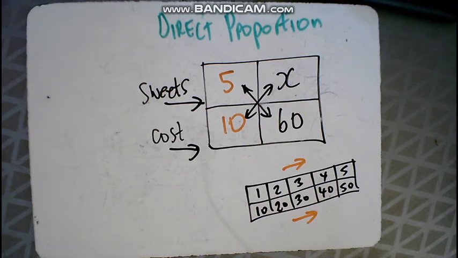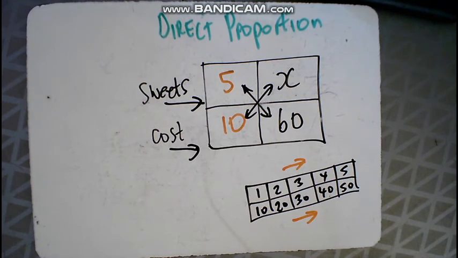So for example, if 1 sweet is 10 rand, 2 sweets will be 20 rand, 3 sweets 30 rand, 4 sweets 40 rand, 5 sweets 50 rand. That means from number 1 to number 5, the numbers are moving upwards. You will notice in the bottom row, the numbers are also moving upwards. This is how we recognize a direct proportion.